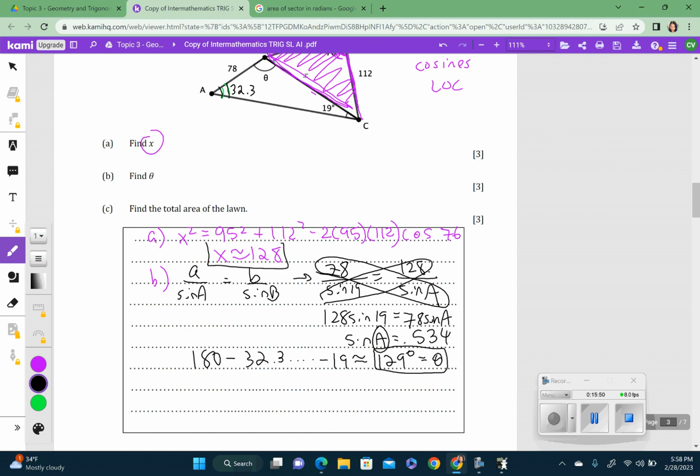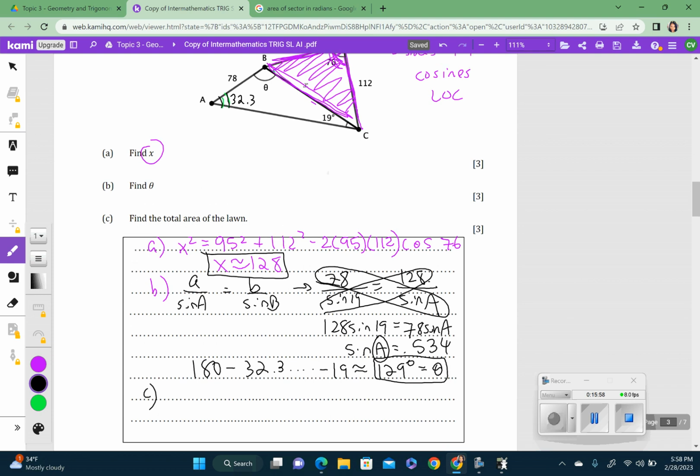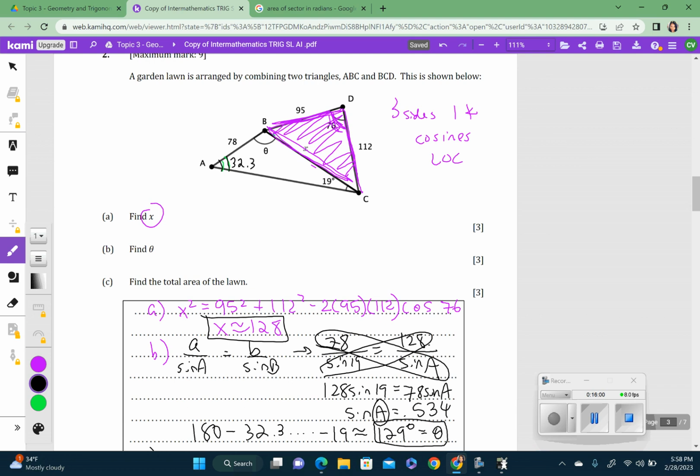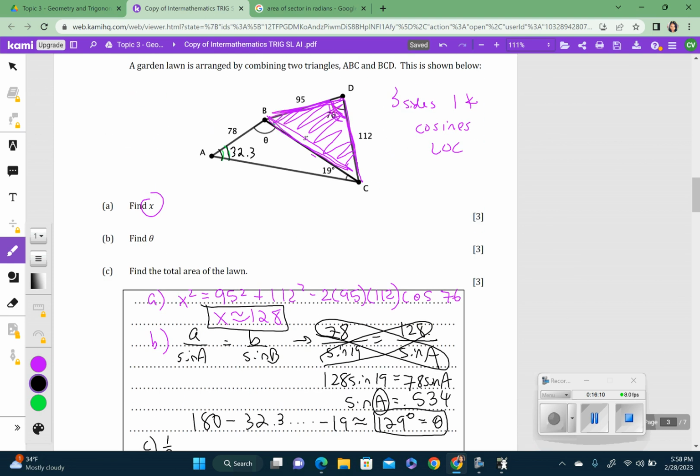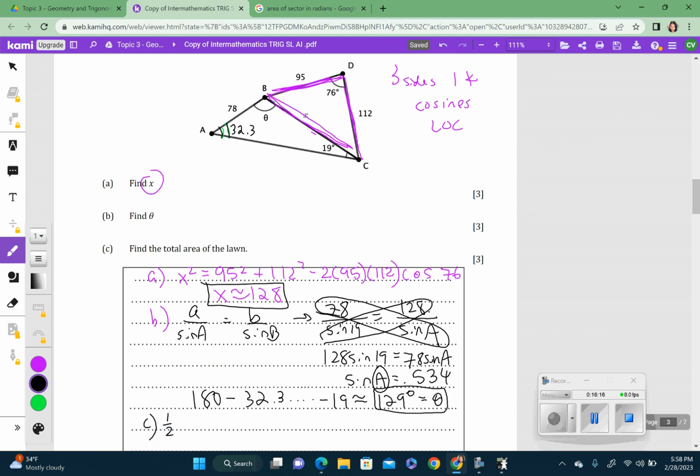I found my x. And now I can find the total area of the lawn. So for part C, the total area of the lawn. Again, for area of a triangle, it's 1/2 AB sine C. So let's do that. So 1/2 AB. If I use this triangle, the purple one that I was doing before, our A and our B are going to be 95 and 112.